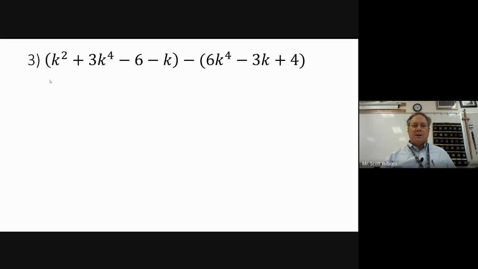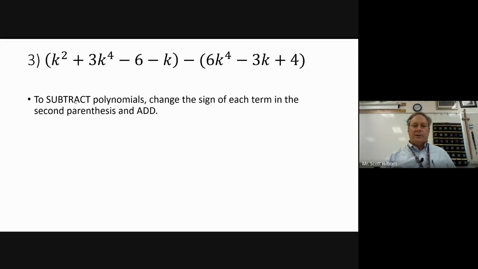Okie dokie. Here we've got 4 terms, and we're subtracting from it these 3 terms. But it's the same deal. But the first thing you want to do when you're subtracting is you want to change this to a plus. That gets changed to a negative. That gets changed to a plus. That gets changed to a negative.